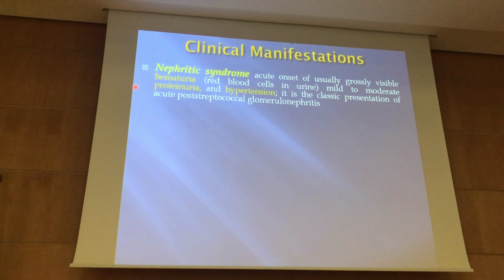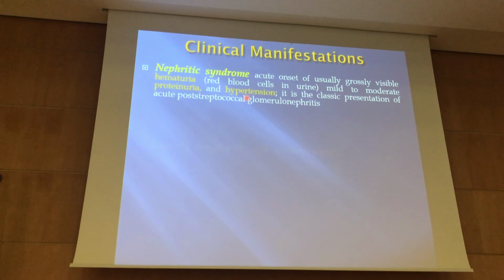Gross hematuria means red color. Mild to moderate proteinuria, between 1.5 to 2.5, not more than that. And also you have hypertension. So 3 important things: hematuria, mild to moderate proteinuria, and hypertension.